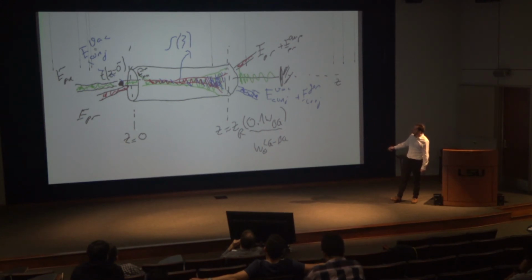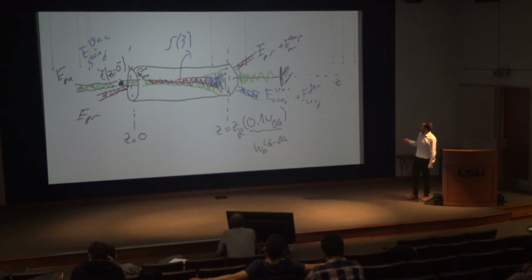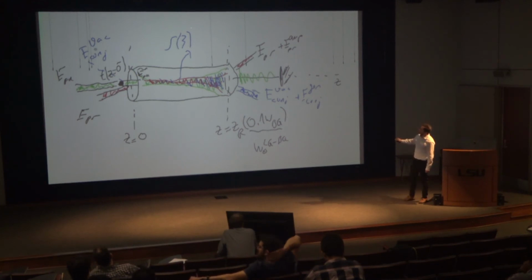I assume this cell goes from z equals 0 to the Rayleigh range of the fundamental LG mode of the self-healing beam. As a result, you generate the amplified probe and the conjugate beams, and this overlap leads to squeezing.